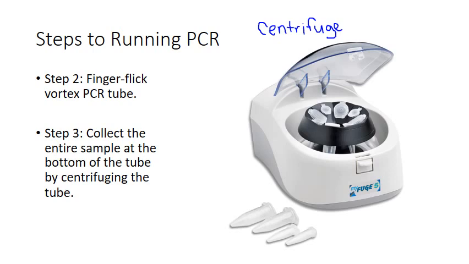But it's easy stuff, and there's a video on that I've included, so you can watch all about centrifuging your samples. Essentially, centrifuging is going to bring back down all of your liquid that may have been sticking to the side of the PCR tube whenever you finger flick that tube, so that it's down at the bottom and you can get a micropipette down in there and get that sample out without having to suck up any air. That's always frustrating. So you collect it at the bottom by centrifuging the tube.